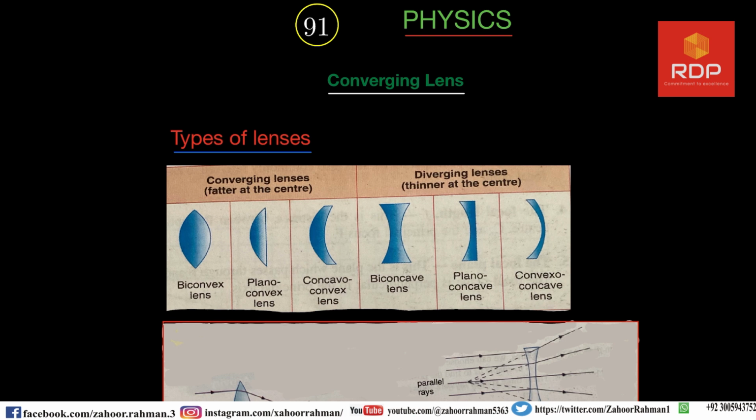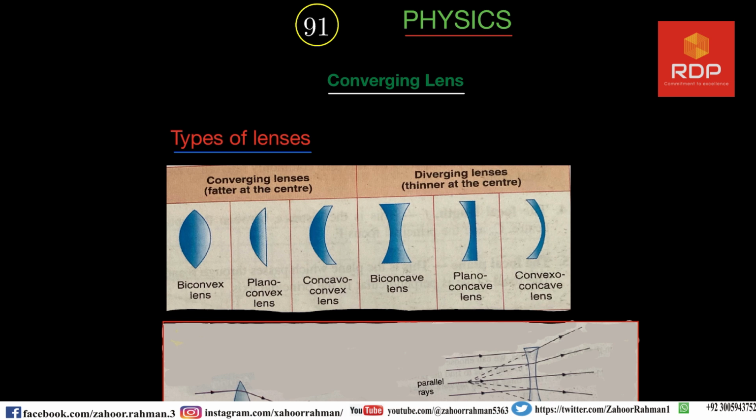We will also learn about the features of lenses as used in various image forming devices, for example, the camera, the overhead projector, and the magnifying glass. In this regard, we are turning our focus to the first topic, and that is general information about the converging lenses.